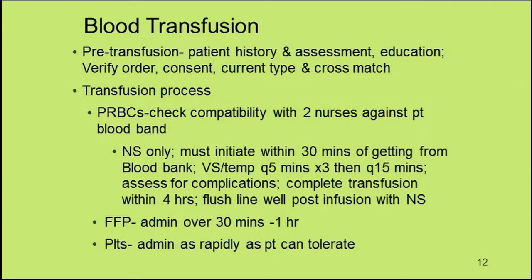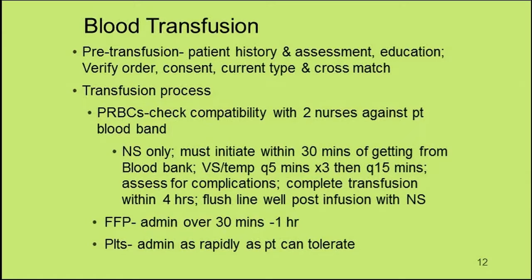Hopefully, the doctor's going to transfuse 2 units of blood over 3 hours each, or transfuse 2 units of blood over 4 hours each, or 1 unit of blood over 3 hours, or something to that effect. And you can kind of titrate the rate of the infusion according to the patient's tolerance, okay?